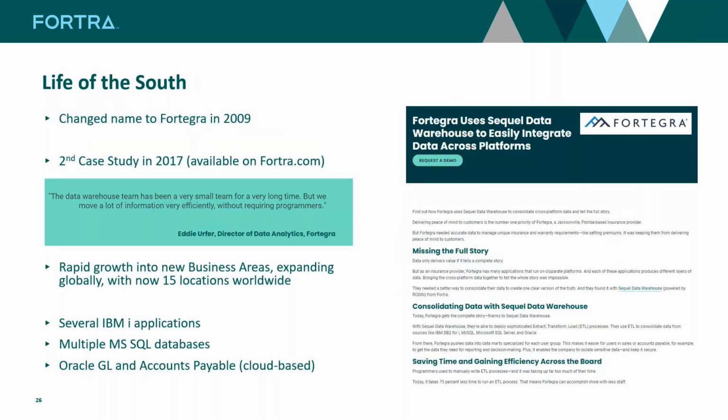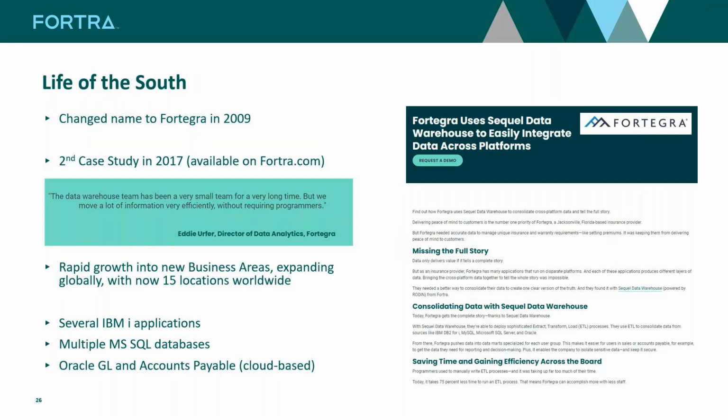Fast forwarding a few years, they changed their name to Fortegra in 2009 and had grown significantly. And we did a second case study in 2017, and this case study is actually available on our Fortra.com website. They continued their rapid growth into new business areas, expanding globally, and they now have 15 locations worldwide.